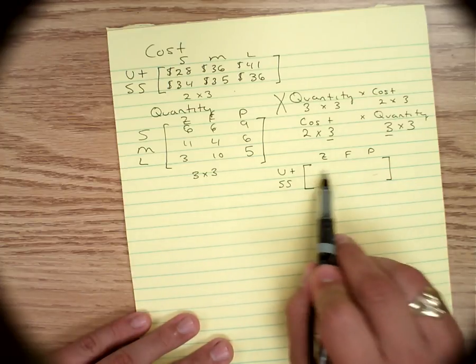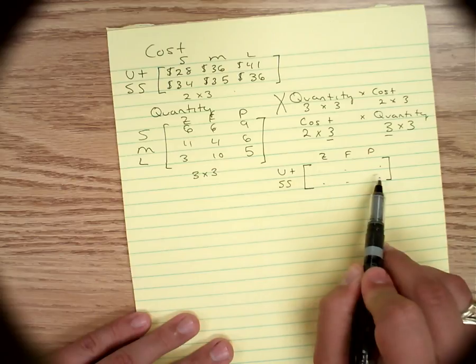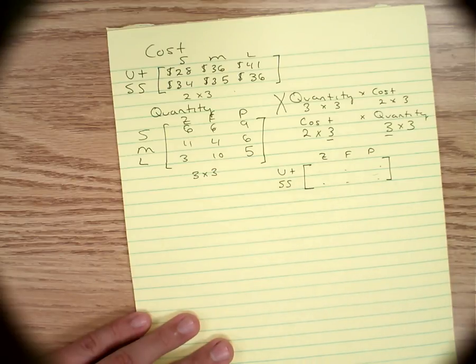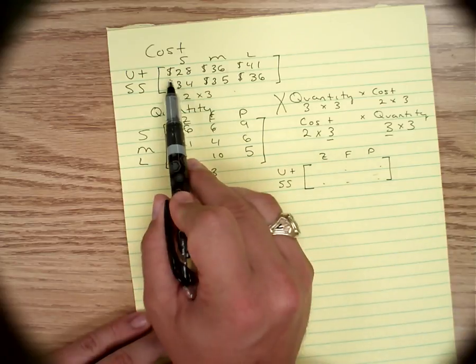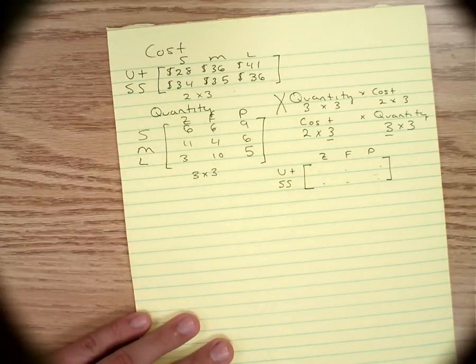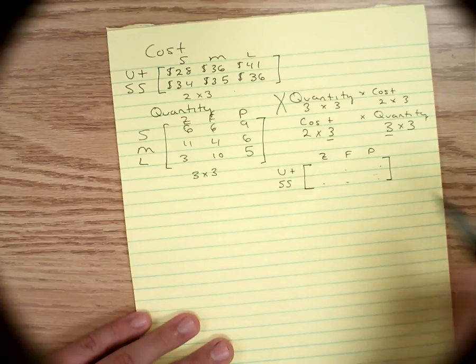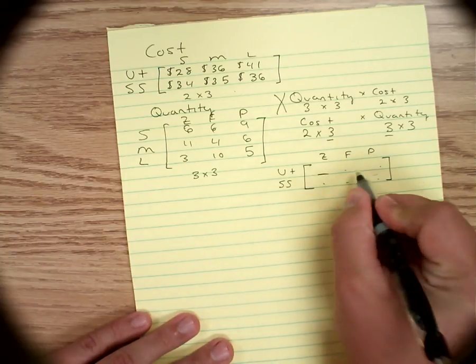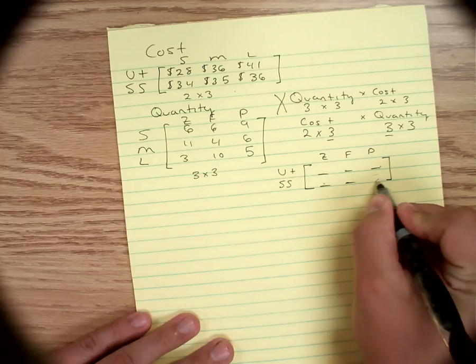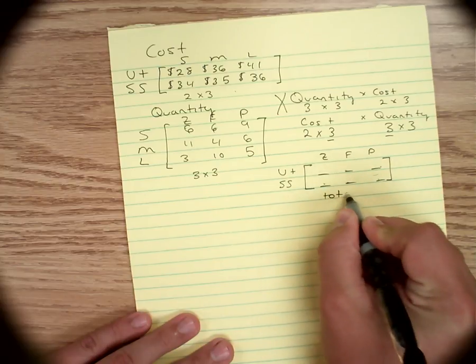What do each of these entries mean? So I took the prices times the quantity. Price times quantity would give me what for each team? The total cost. So each of these entries would be the total cost matrix.